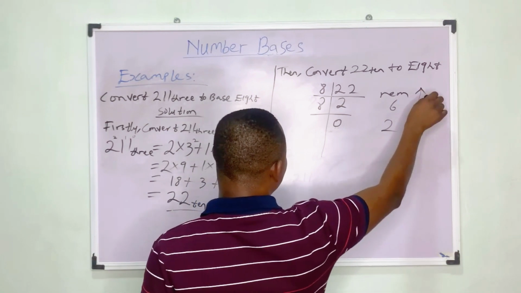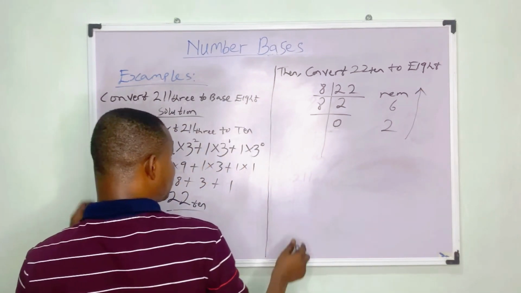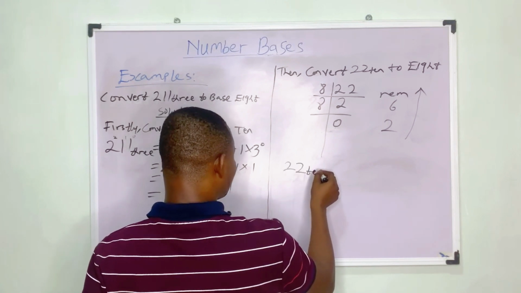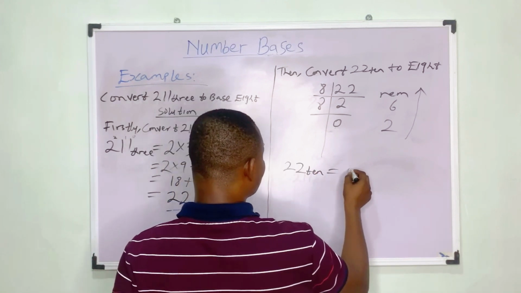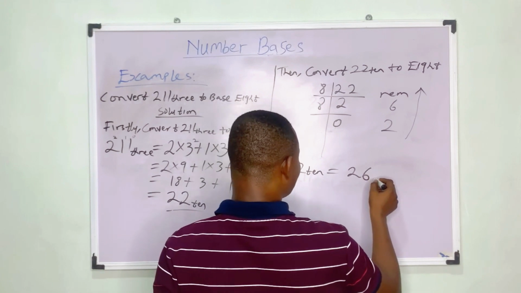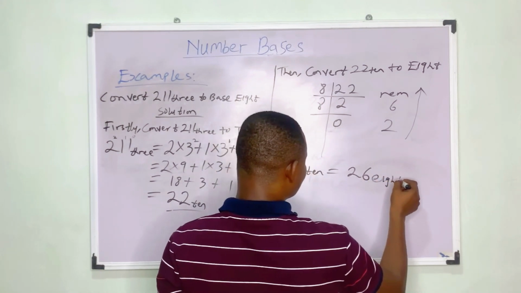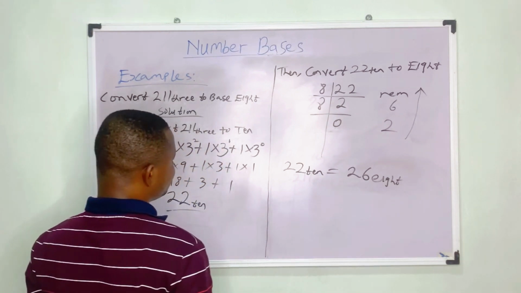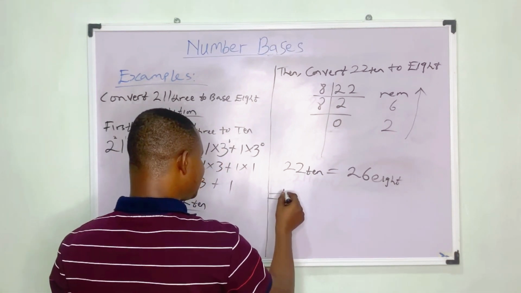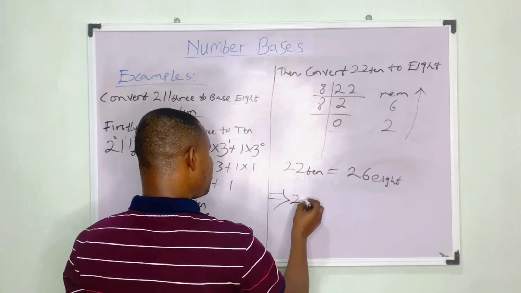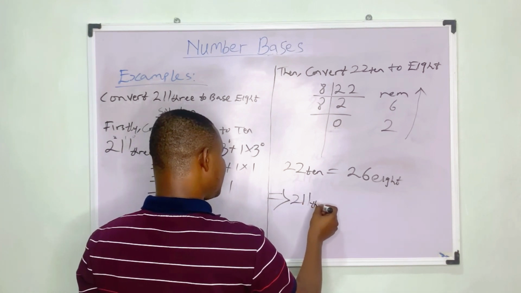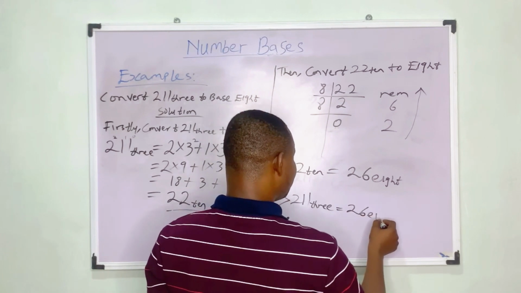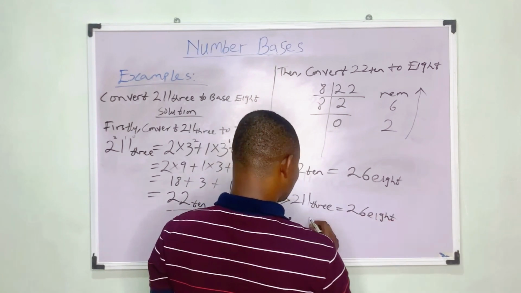So you read from bottom to the top. That means 22 in base 10 will be equal to 26 in base 8, which implies that 211 in base 3 will be equal to 26 in base 8.